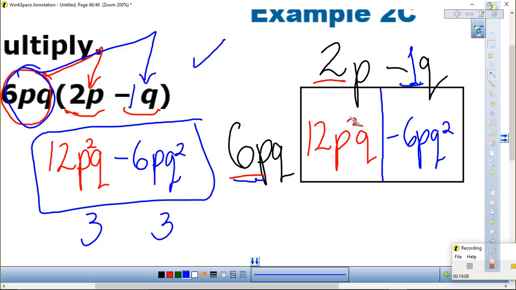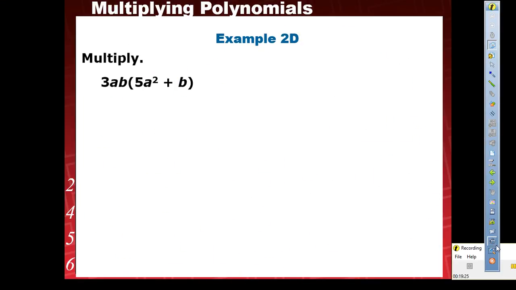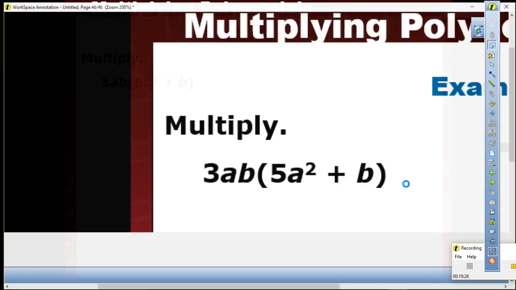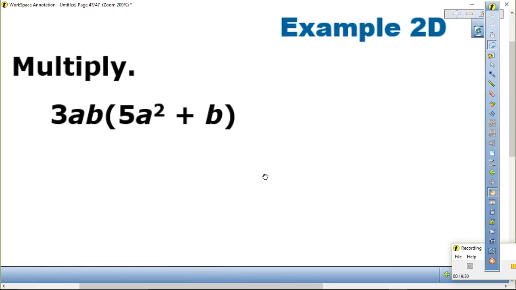Everybody got it? Okay, let's see if you can do this next one by yourself, both distributive and area model. Here we go. Copy this one. Example 2D: 3AB times 5A squared plus B. Copy that and go.